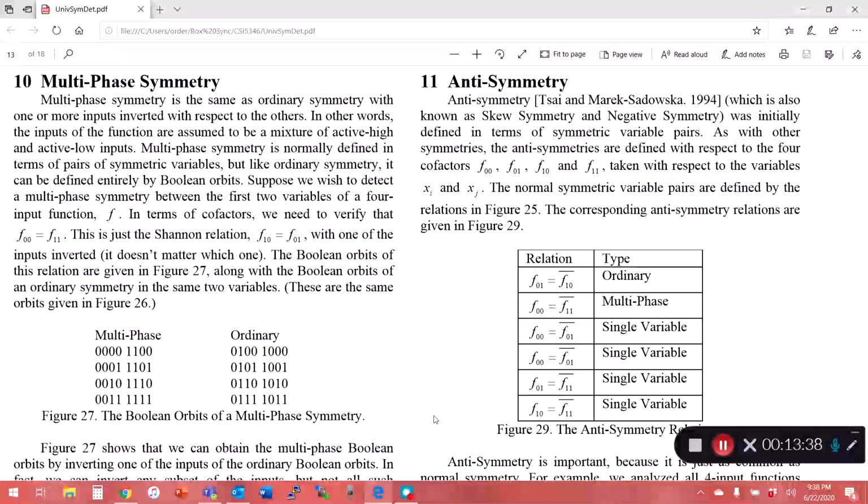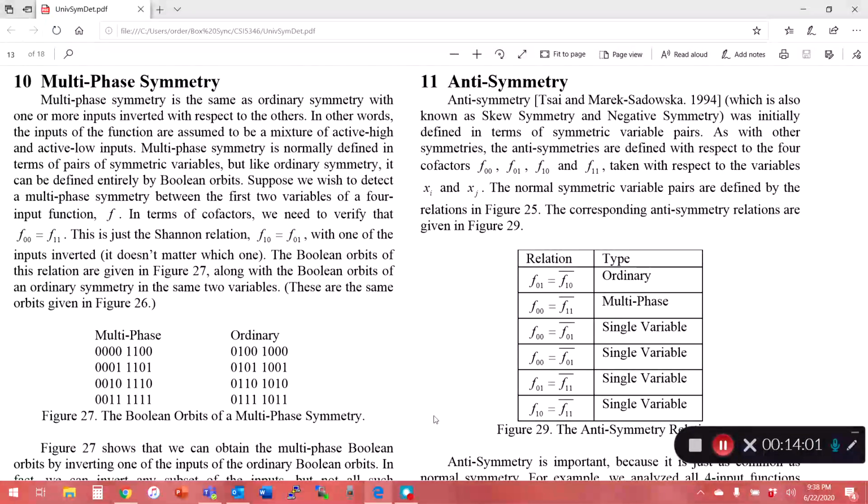Except in this case, instead of having every Boolean orbit imply either the function or its complement, we want to make sure that no Boolean orbit implies either the function or its complement. If that's the case, then I have an anti-symmetry.